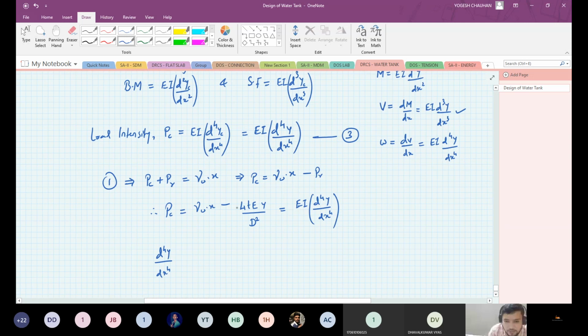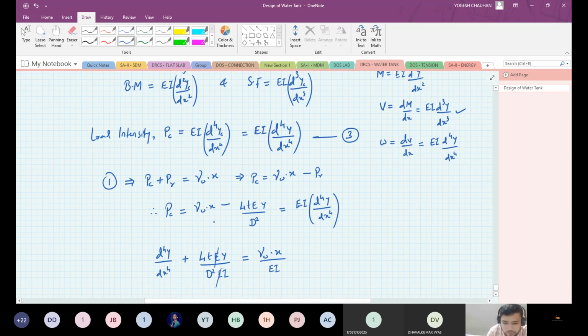We divide by the EI term on both sides, so it will be d4 y by dx to the power 4 plus 4 t e y divided by d square into EI. This E and this E get cancelled. This should be equal to gamma w times x by EI.